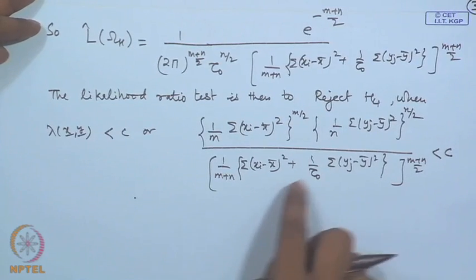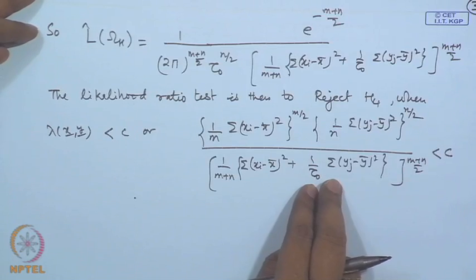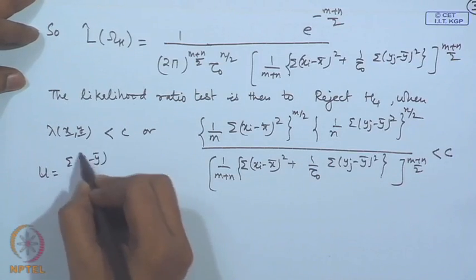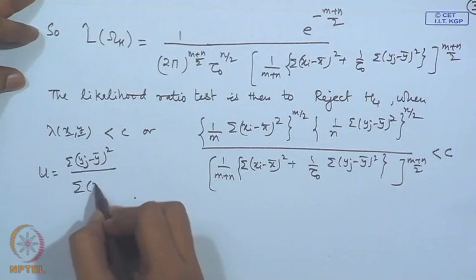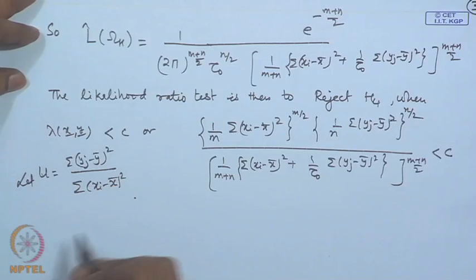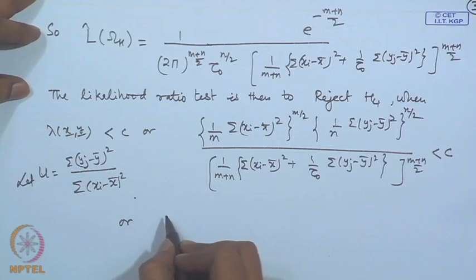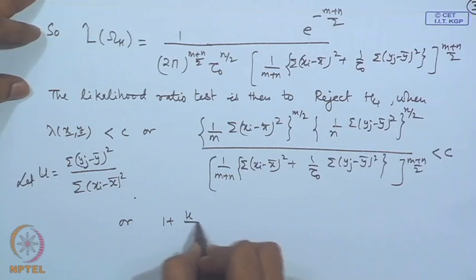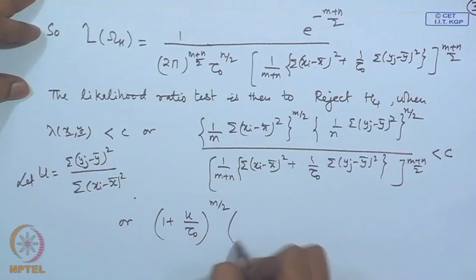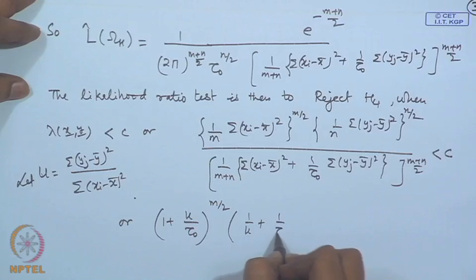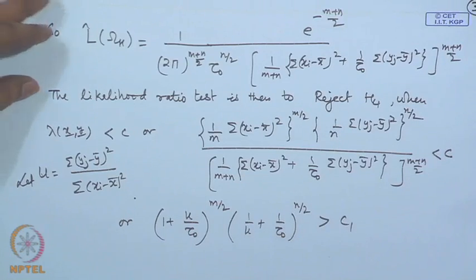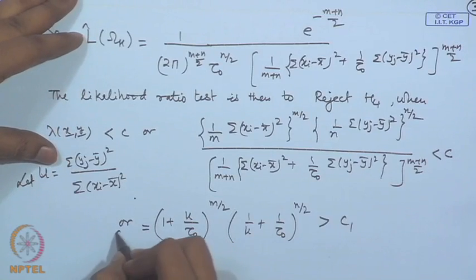Now, we take the reciprocal of this and we use the notation, say u is equal to sigma (y_j minus y bar) square divided by sigma (x_i minus x bar) square. If we assume this, then we can rewrite this condition as (1 plus u by tau naught) to the power m by 2, (1 by u plus 1 by tau naught) to the power n by 2, greater than say C 1. Let us assume this to be G(u).